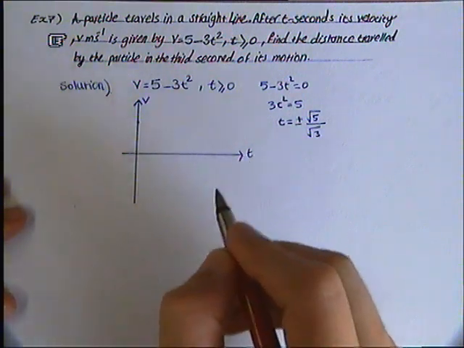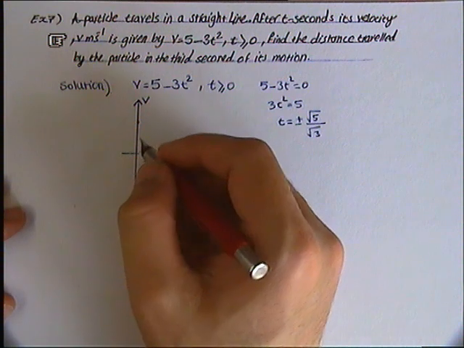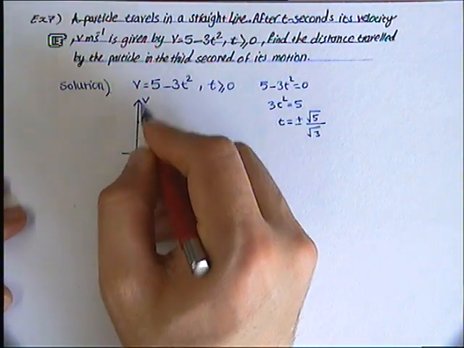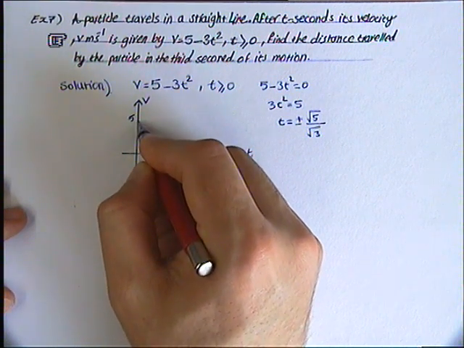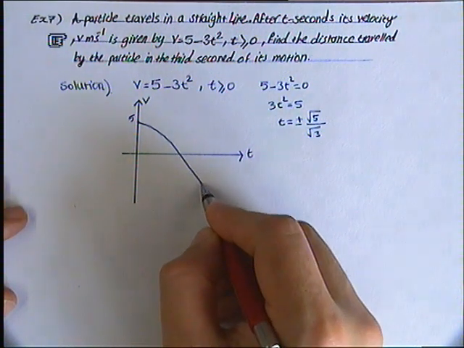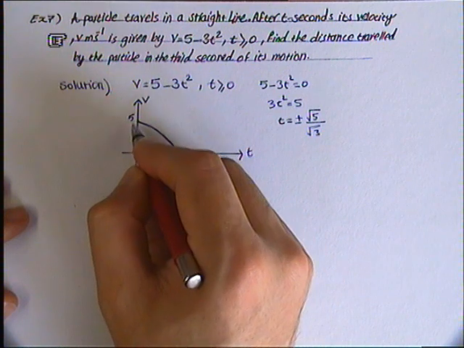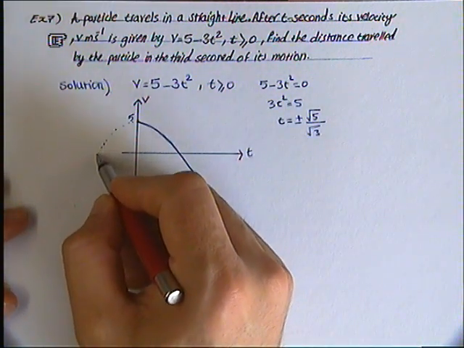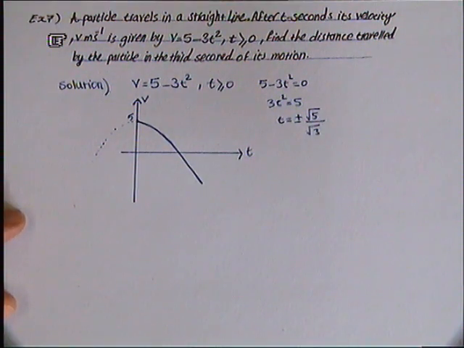The graph would be an inverted U shape, obviously, cutting the v-axis at 5. It would continue and cut the t-axis, going into the negative part, but we are not interested in the negative part because time cannot be negative.